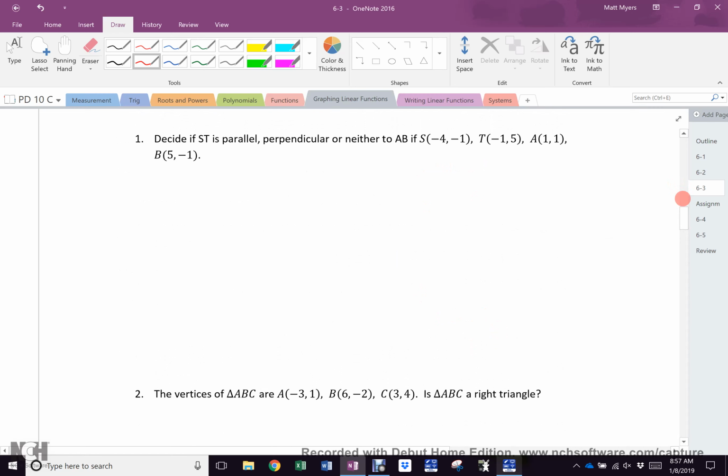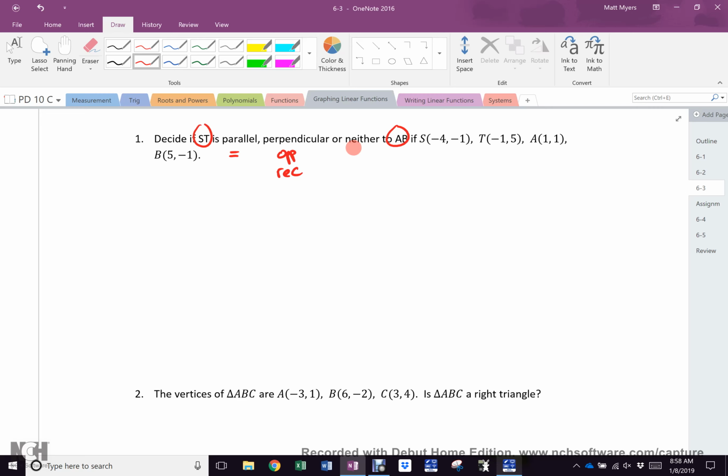Tell me if these two lines, ST and AB, are parallel, perpendicular, or neither. If they're parallel, what will happen with their slopes? They will be equal. If they're perpendicular, what will happen with their slopes? They will be opposite reciprocals. If they're neither, what will happen? Neither of those things. The slopes will be different completely.